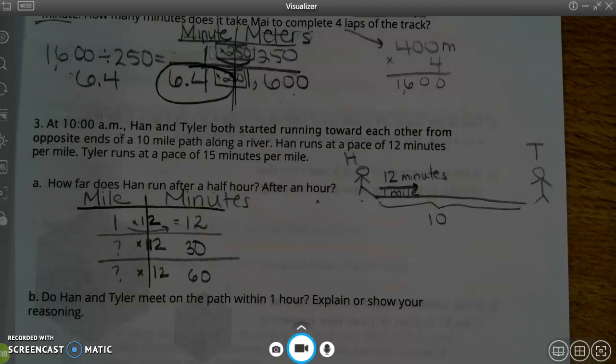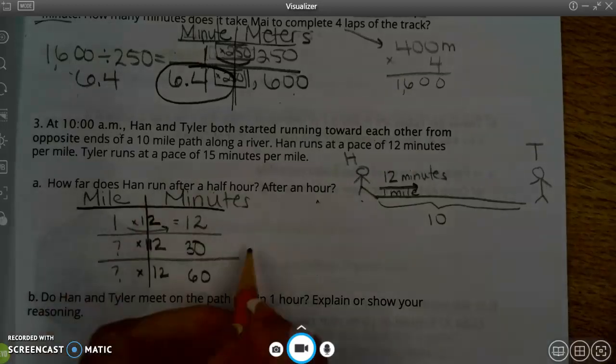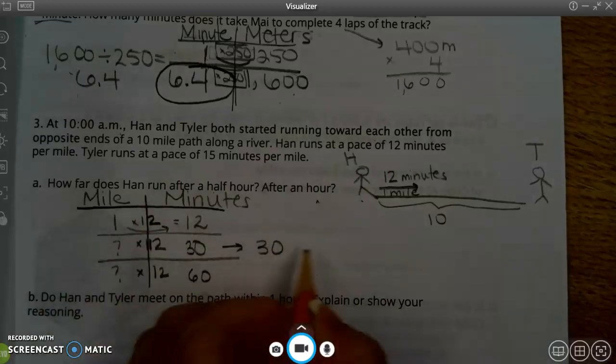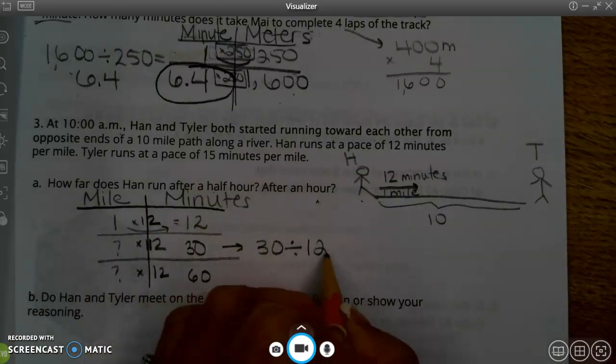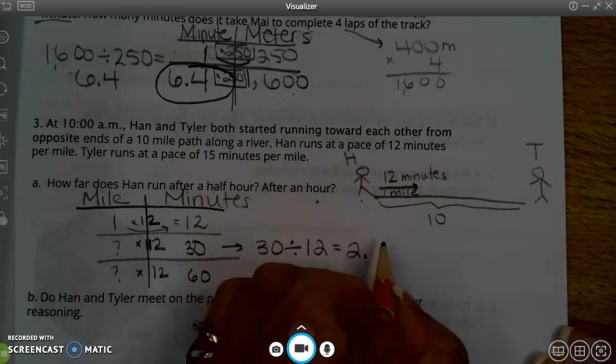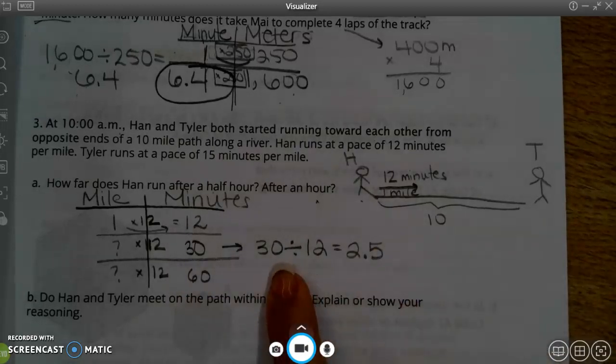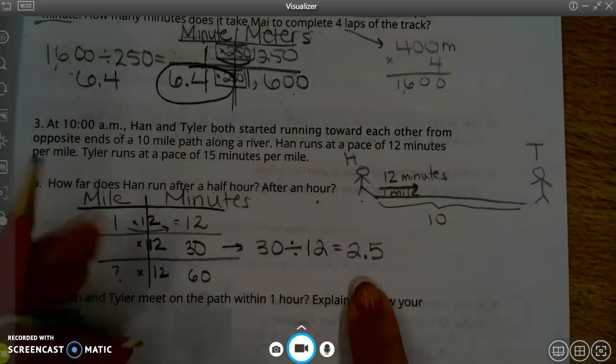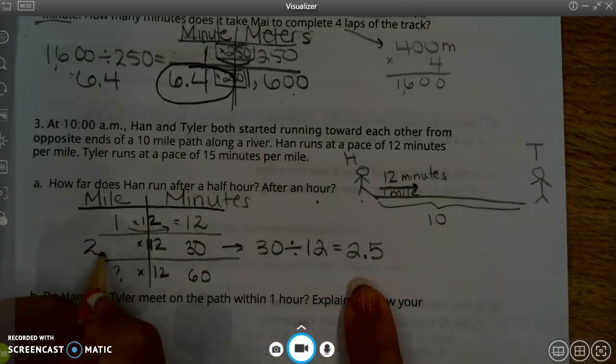Now I have my equations. Some number of miles times 12 would equal 30. So I can rewrite that multiplication statement as division. This would be 30 divided by 12, which equals 2.5. So in 30 minutes, Han will have traveled 2.5 miles.